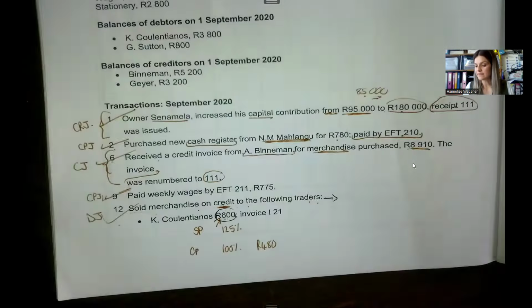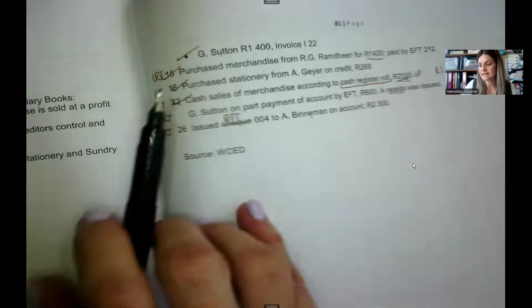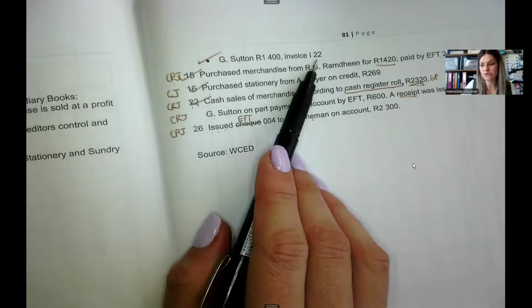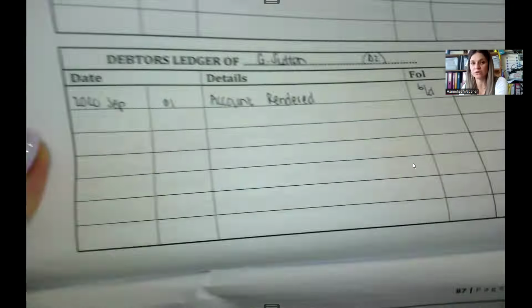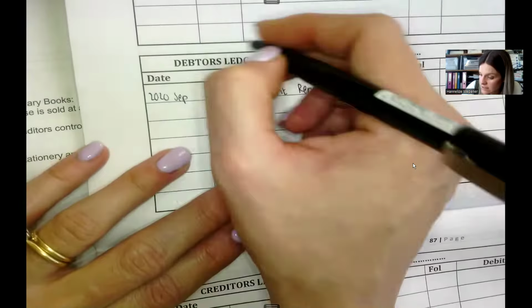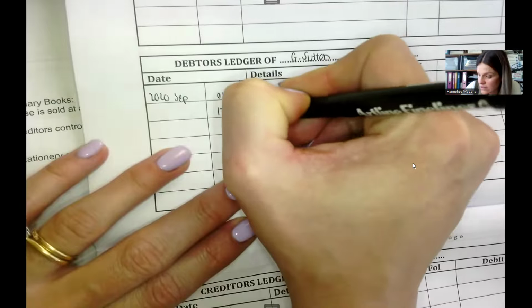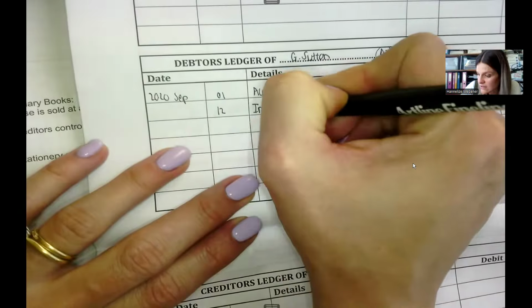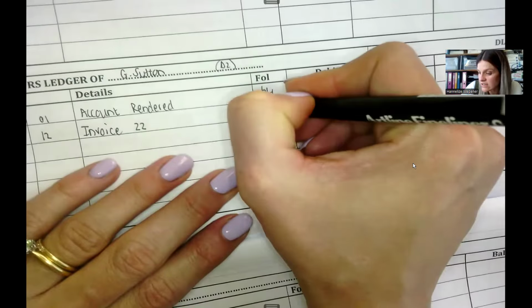Okay, right. Then on the same day, we also issued an invoice to G Sutton, invoice number 22, and he now owes us 1,400. So we shall go to his account. I'm going to say on the 12th, details is the source document, invoice 22, as recorded in the DJ.